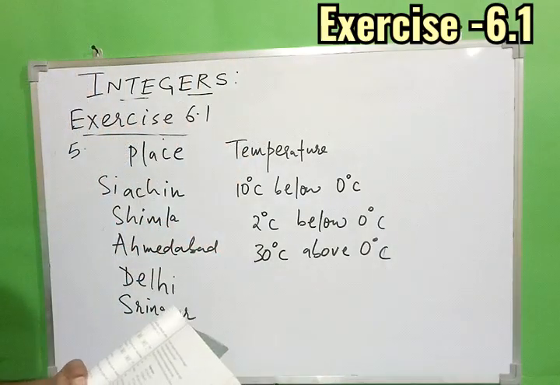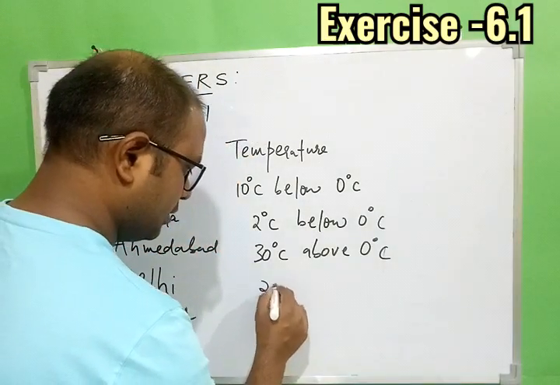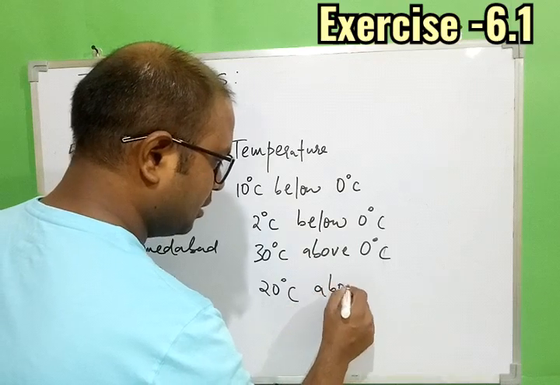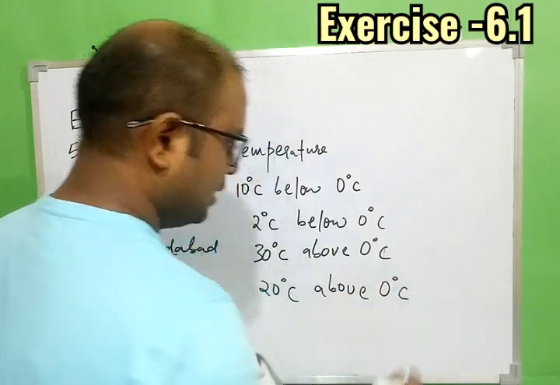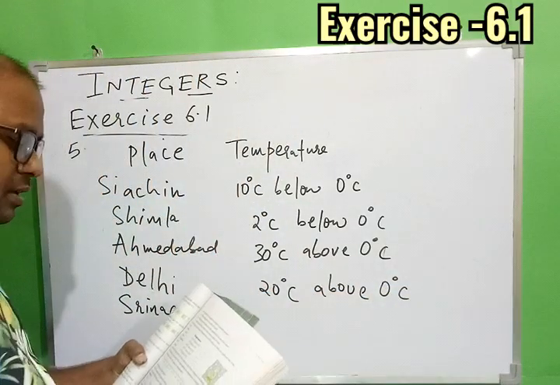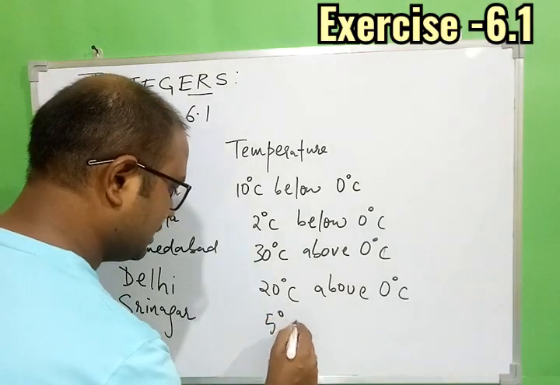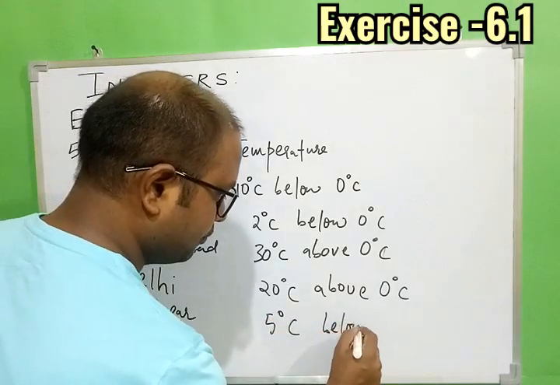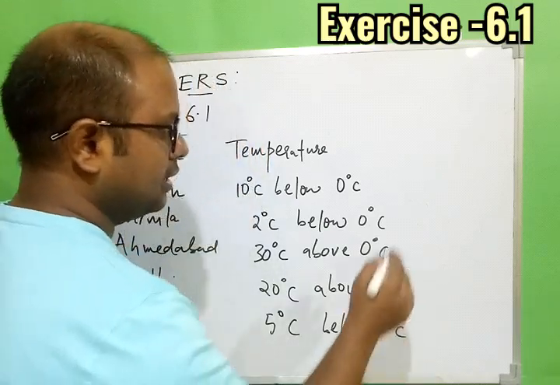Then 20 degrees Celsius above 0 degrees Celsius, and the last one is 5 degrees Celsius below 0 degrees Celsius.